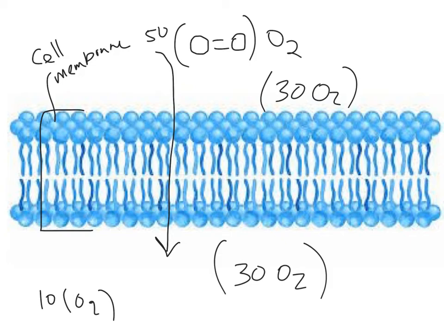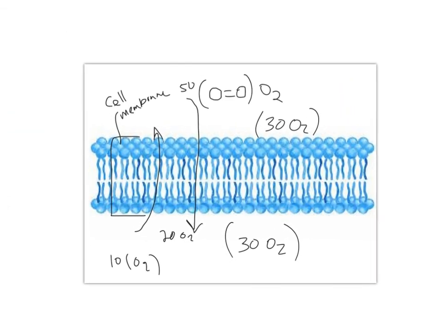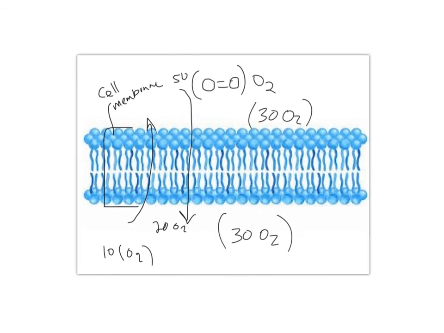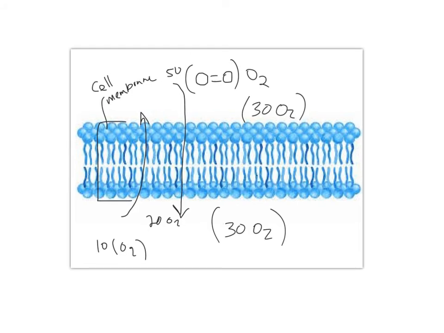So you'll have a net movement of 20 O2 in this direction. Now it's important to note that as 20 O2 are going over here, you are occasionally going to have particles go back that way. And so you'll have oxygens moving in both directions at the same time. And that's called dynamic equilibrium, which is once you get to 30, you'll end up with dynamic equilibrium.